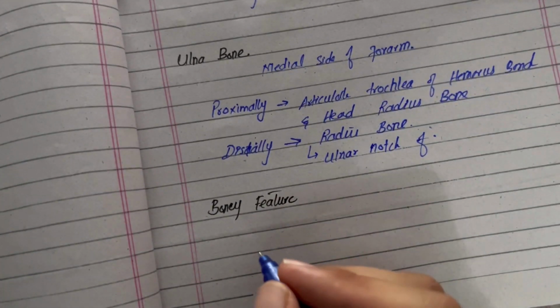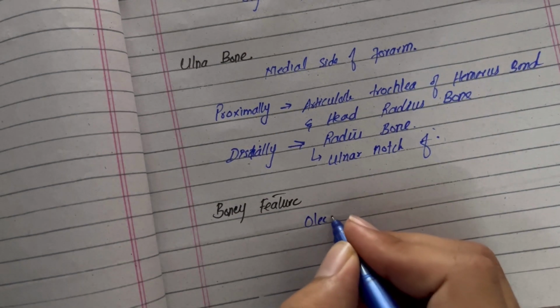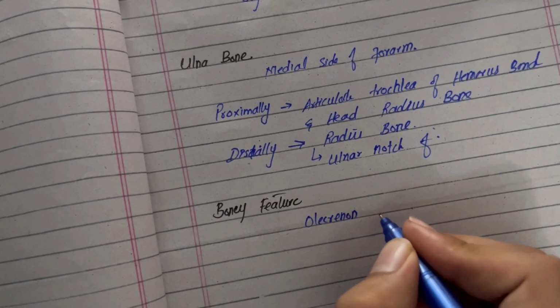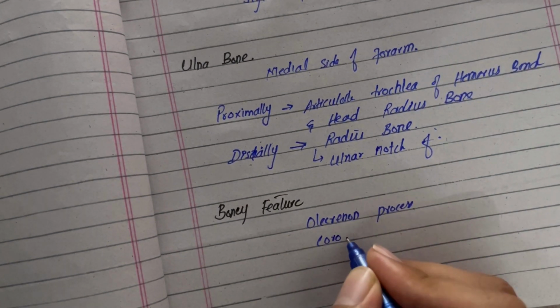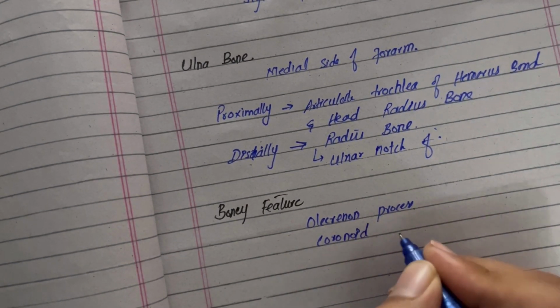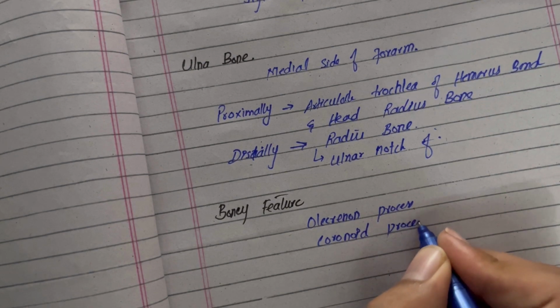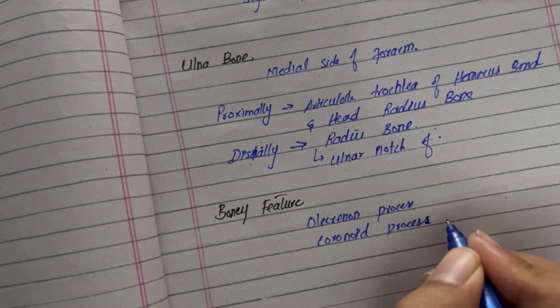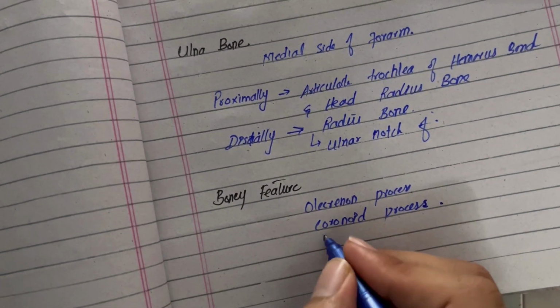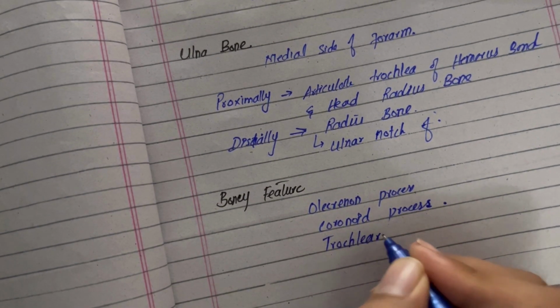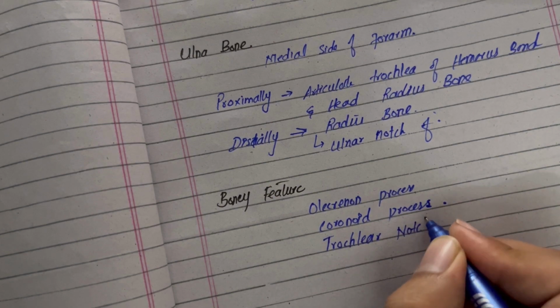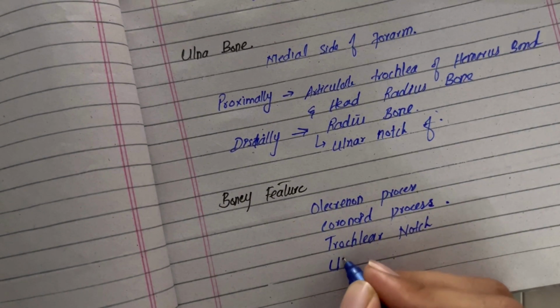The ulnar bone has olecranon process, coronoid process, trochlear notch, ulnar tuberosity.